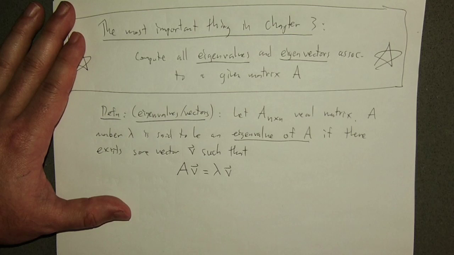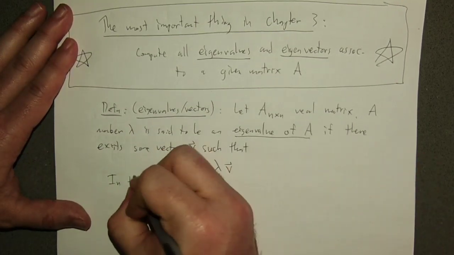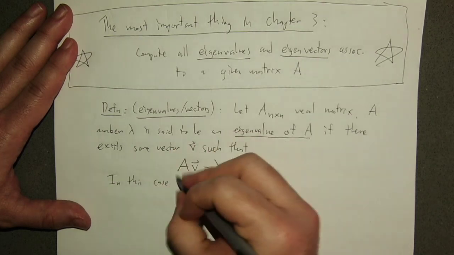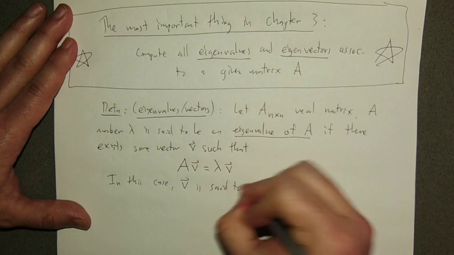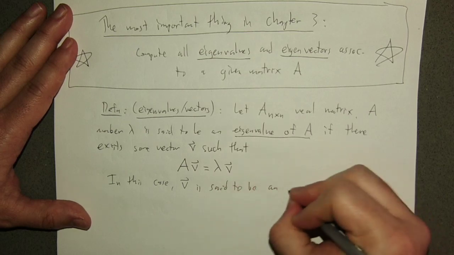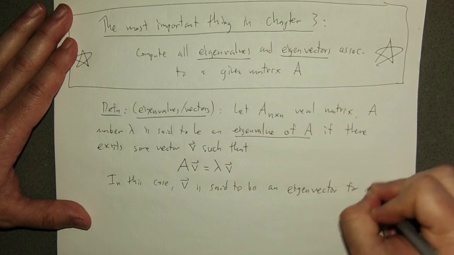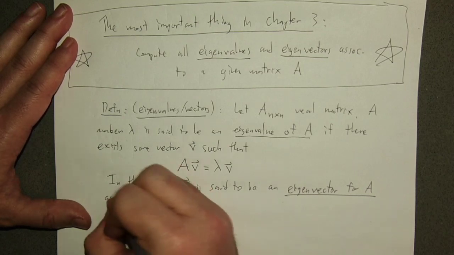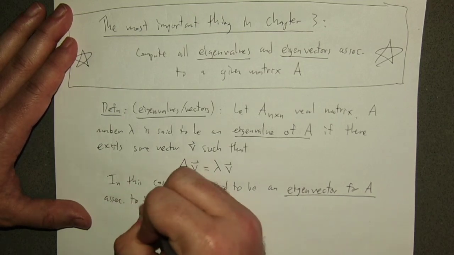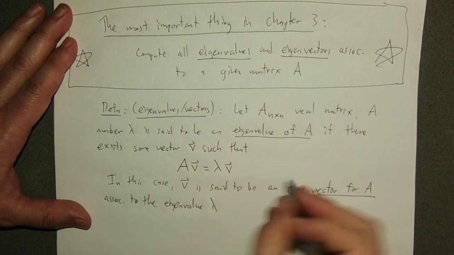Before I talk about what this means, I'll say in this case, v is said to be an eigenvector for A associated to the eigenvalue lambda.